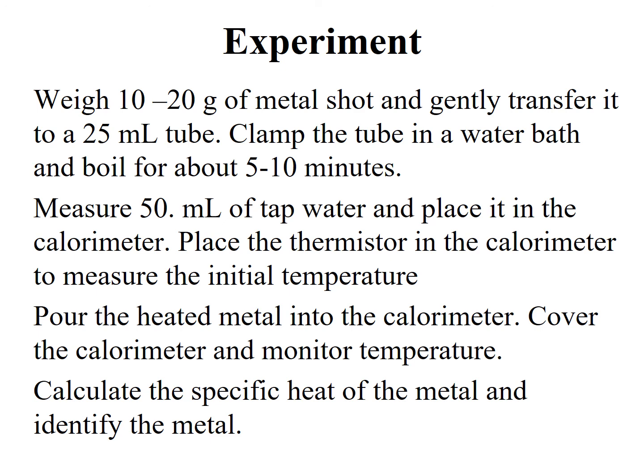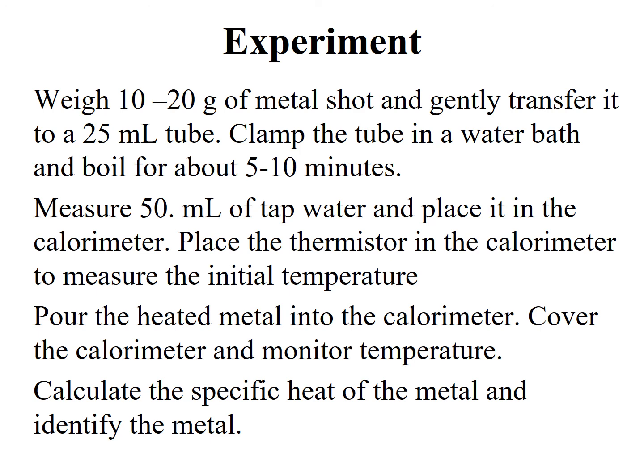Okay? You measure the initial temperature by placing the thermistor in the calorimeter, and then use the clamp to remove the test tube that contains the metal from the boiling water bath and pour the heated metal into the calorimeter.